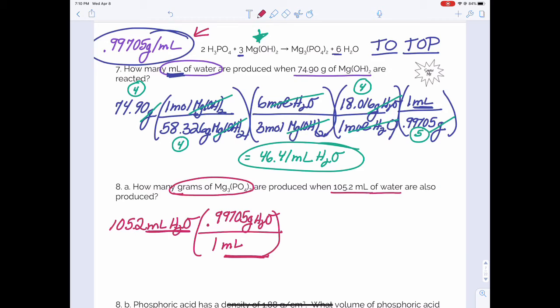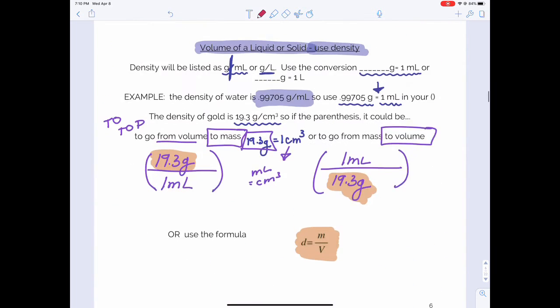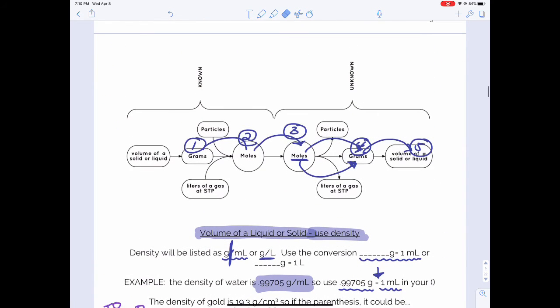If I go back up to my mole map, I'm starting with volume of water and I'm ending with grams. So my mole map looks a little different this time. I'm starting here at volume of water.